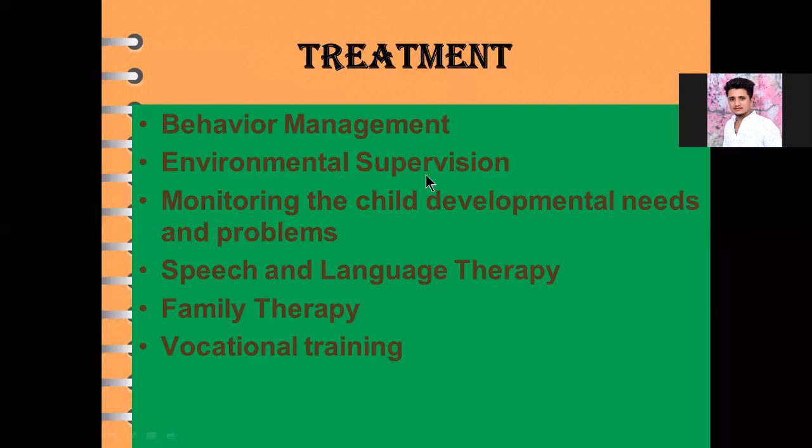The environment must be free from harm. The child can get injured or have an accident easily because of poor mental and psychomotor development. So the environment must be carefully planned for the child's living, and the child's developmental needs must be monitored regularly. So we must know what kind of things the child needs.